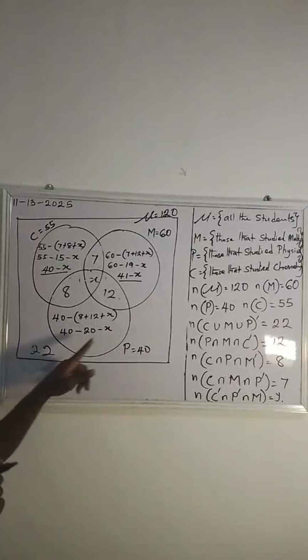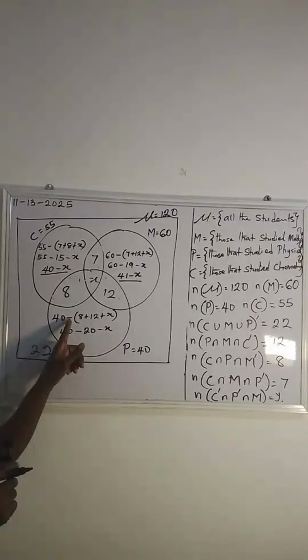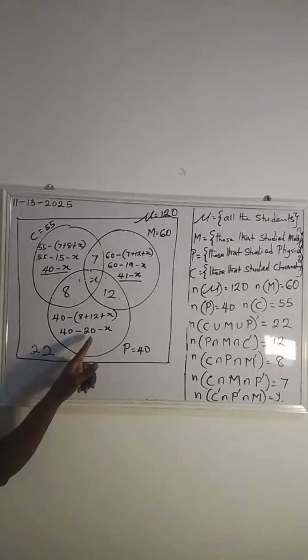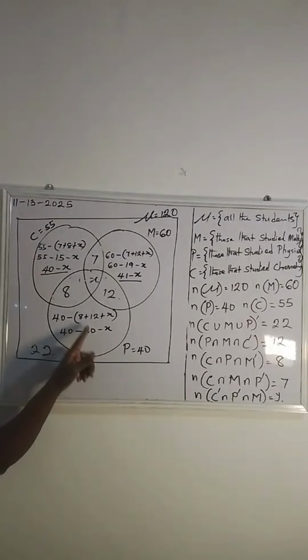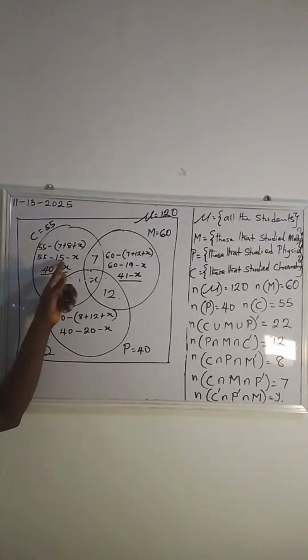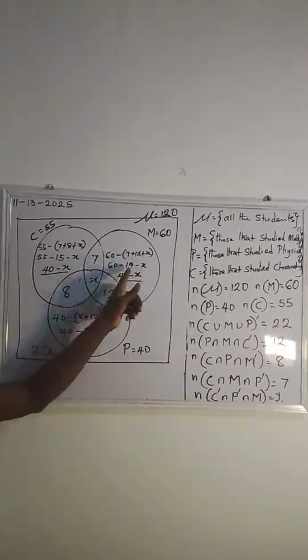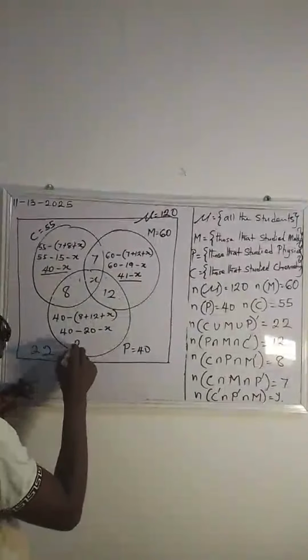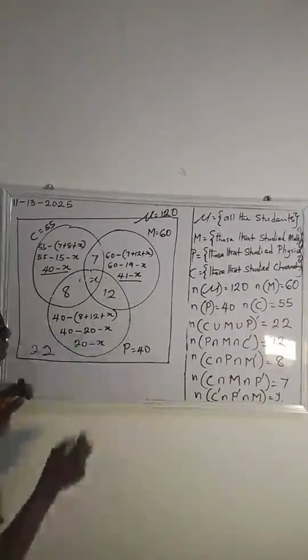You know why we are having minus here? When you multiply through by minus, everything inside the bracket will now have minus. So this gives us 20 minus x.